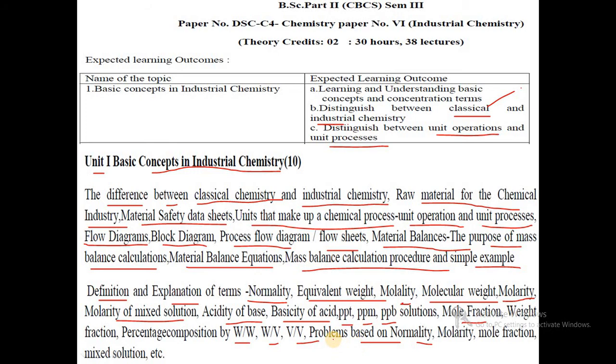So these are the contents of unit first, basic concepts in industrial chemistry, in which the first part is basic concepts of industry.